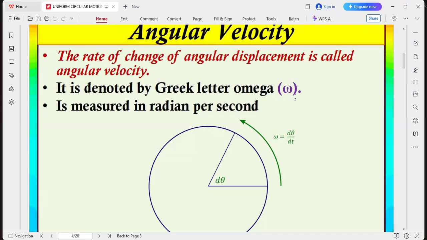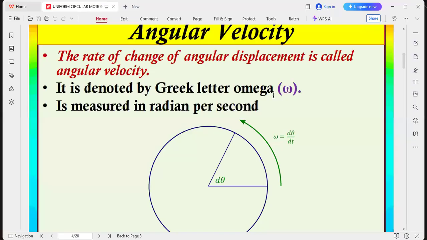It looks like a W, but you don't write the normal W; there's a way in which you write that W. This is called omega. So when you see omega in physics, it means angular velocity.